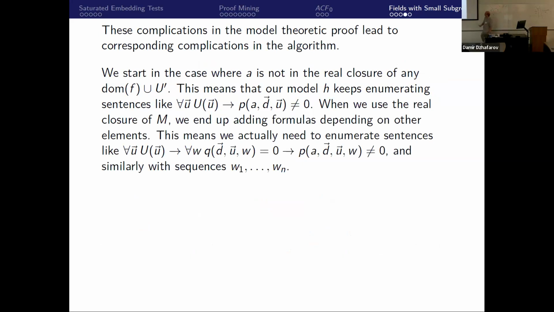So instead of enumerating statements like, for the algebraically closed fields, that some sequence of polynomials was non-zero, here we enumerate these much more complicated things where we say, well, there might be some elements satisfying this predicate, some elements in this special subgroup. And then there might be these additional things that are in their real closure. And if those happen, we are transcendental, we don't satisfy polynomials over these additional coefficients.